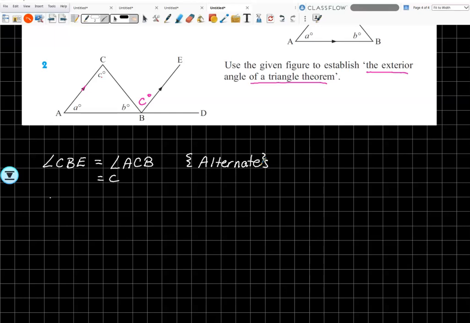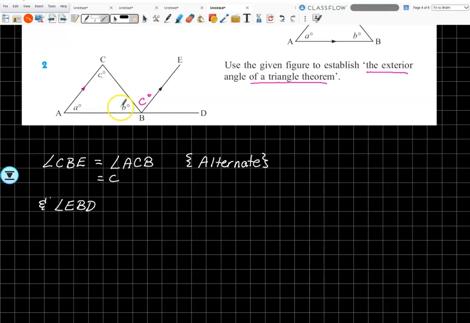I want to get angle EBD. Yep, why is angle EBD equal to CAB? Corresponding angles. Now, someone else was going to say something else then. Yep.